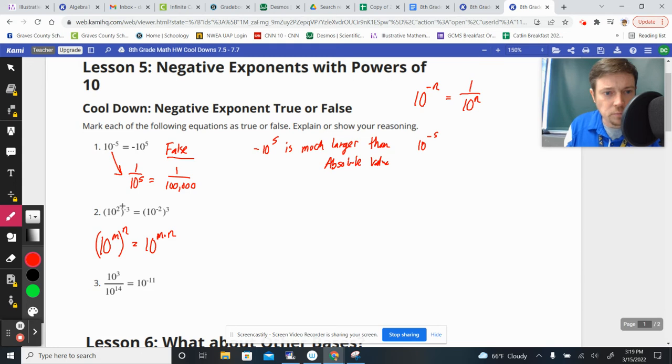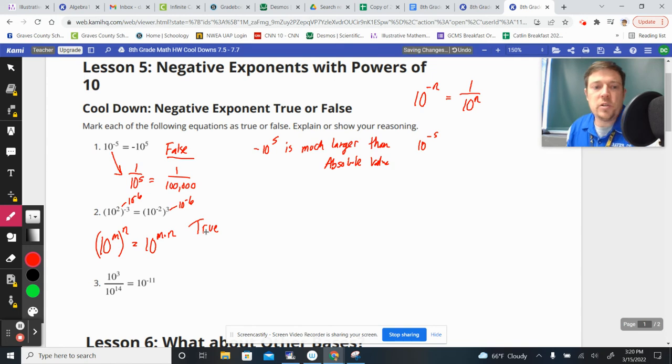We could say that this is going to equal 10 to the negative 6. And if we do negative 2 times 3, it doesn't matter if we swap signs, we're still going to get 10 to the negative 6. So both of them would still have the same power, negative 6, whether we multiply 2 times negative 3 or negative 2 times positive 3. So this one is true.